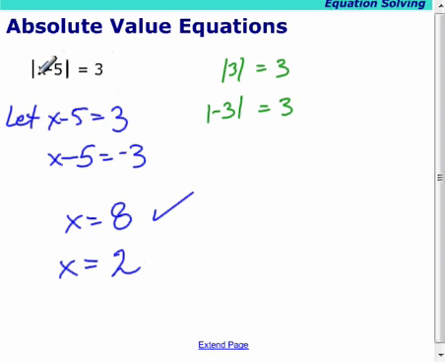Let's check this one. 2 take away 5 is a negative 3, absolute value of a negative 3 is a positive 3, check, worked. Okay, so absolute values, you look at this number and say whatever's inside could be a positive or a negative one. So let whatever's inside equal a positive or a negative, and then solve those equations.